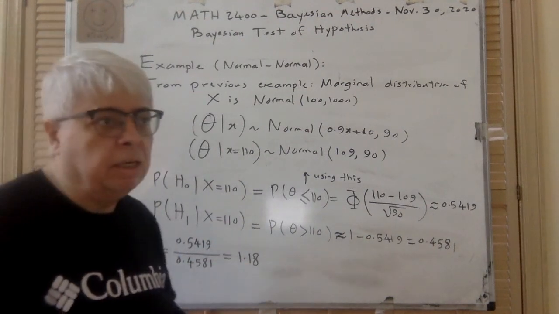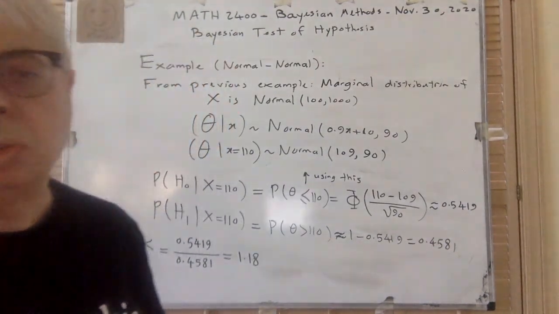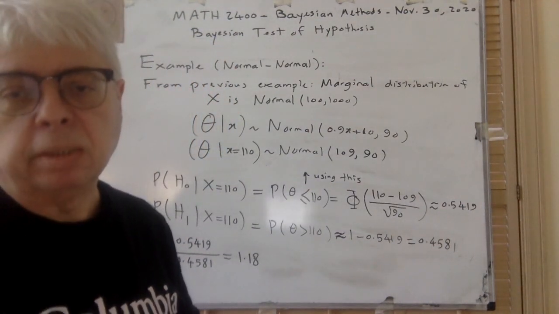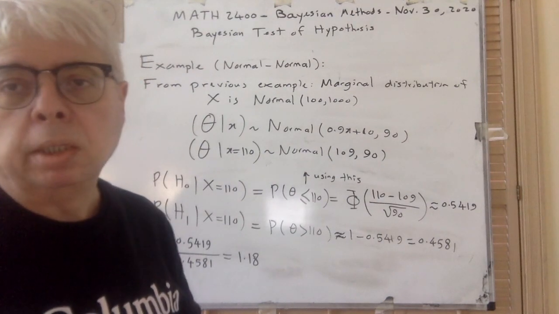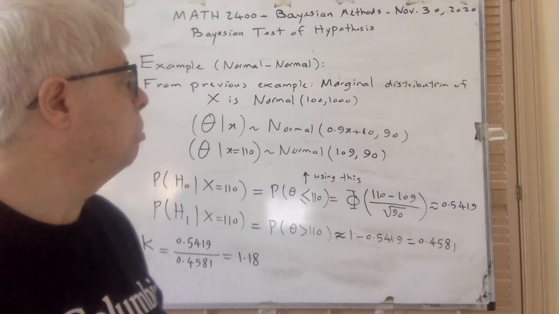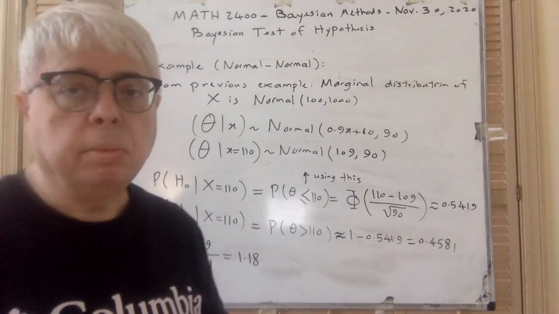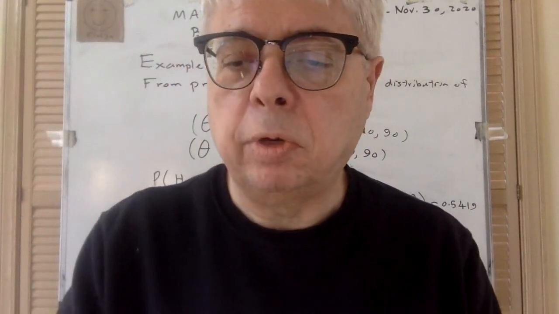So people might say, why should I choose something which doesn't give me something nice here? Anyway, that was the story of this. I will give you more examples next time on the test of hypothesis.